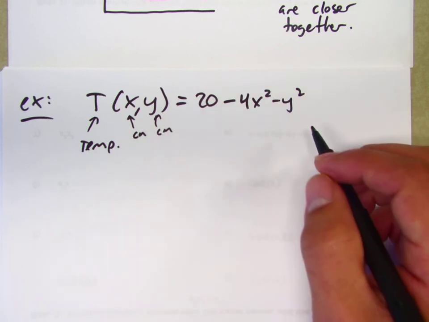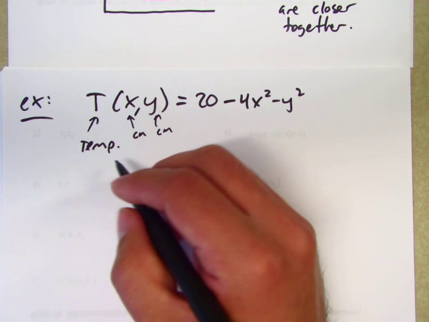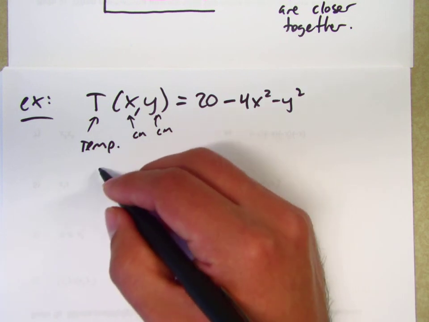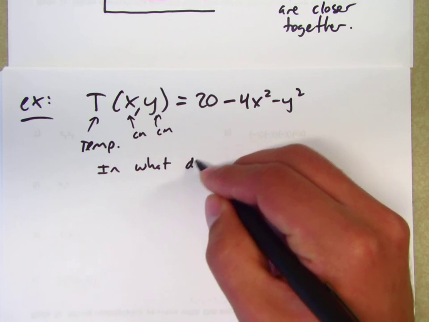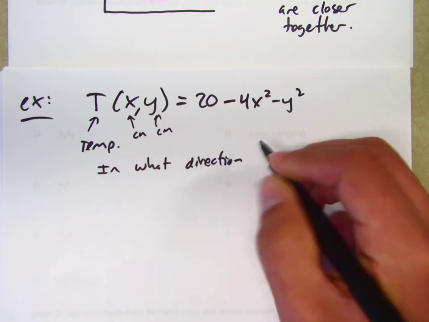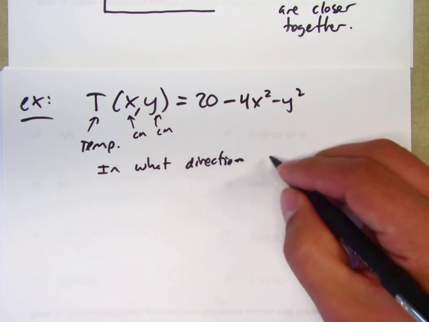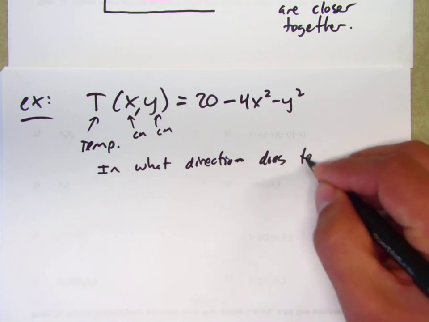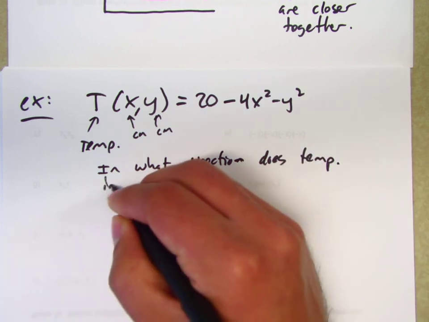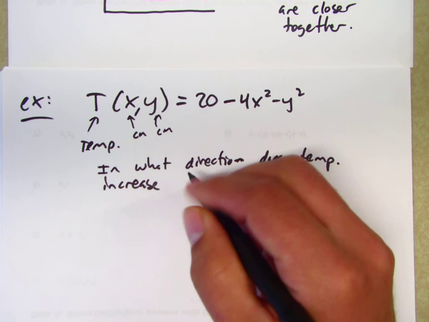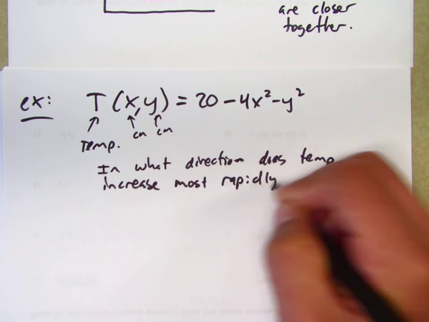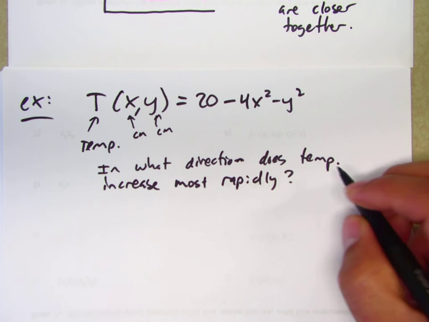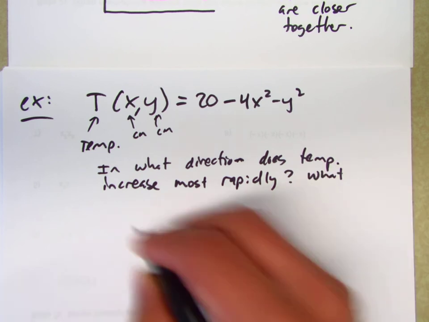So the question is, in what direction does the temperature increase most rapidly? And what is the rate of increase?